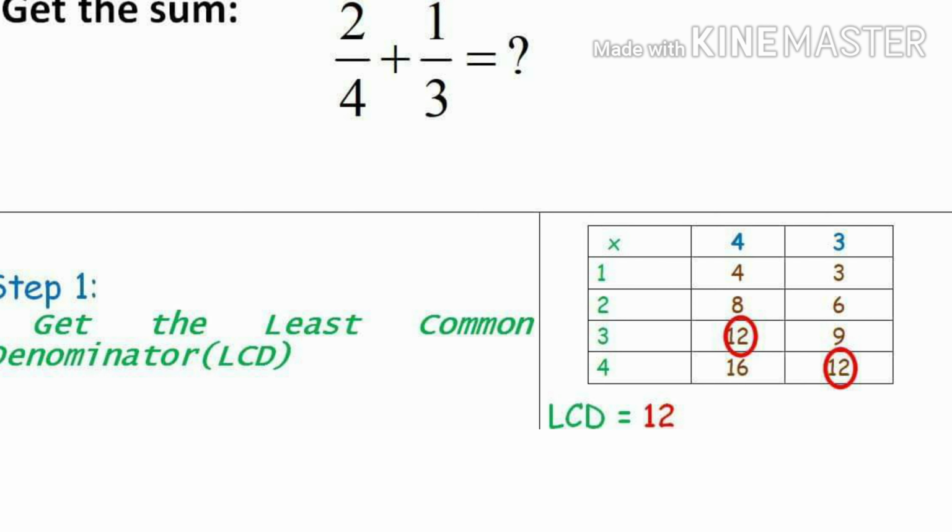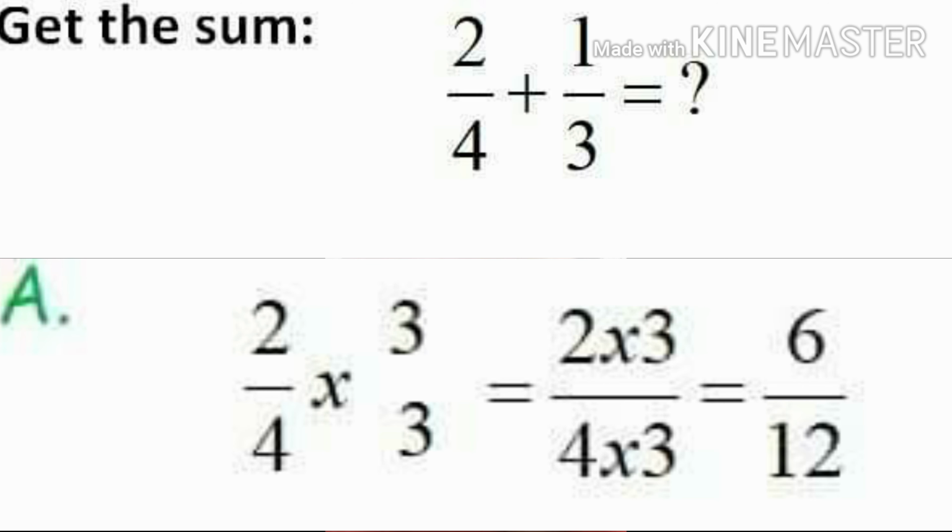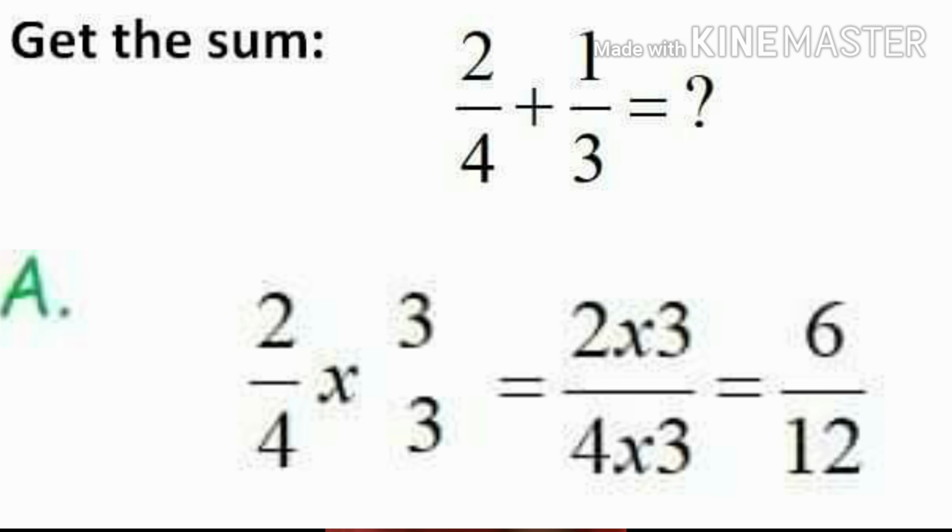Now we already have taken the least common denominator of 4 and 3. Let's go ahead and do step 2. That would be making the given fractions have the same denominators using the LCD. So again, bear in mind our least common denominator is 12. Let us do each fraction separately. So we have here 2/4 and 1/3. Let's do 2/4 first.